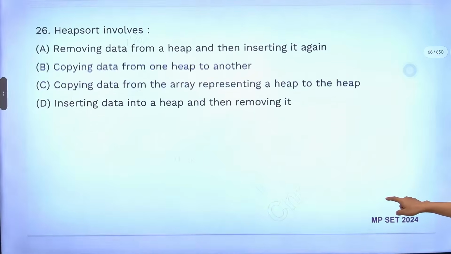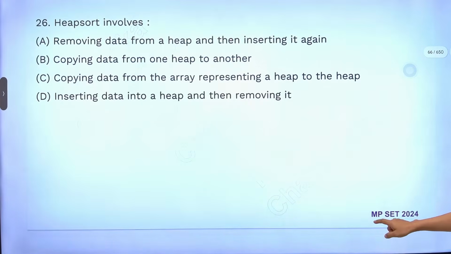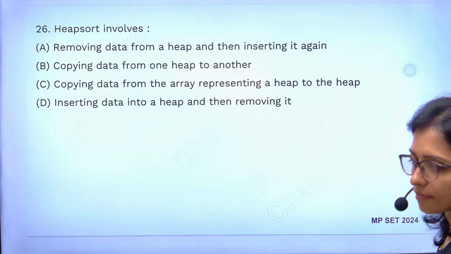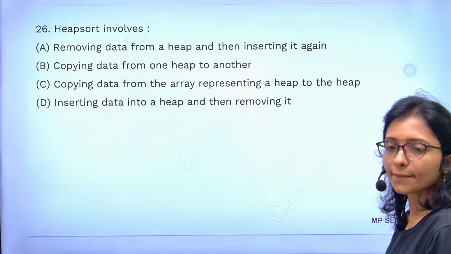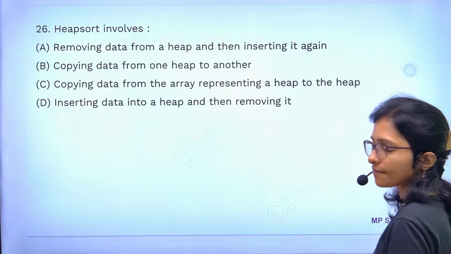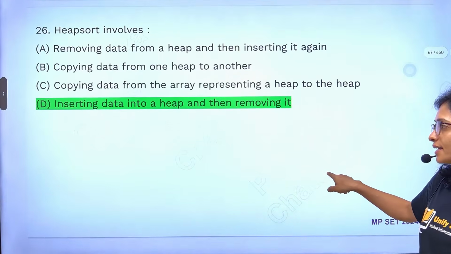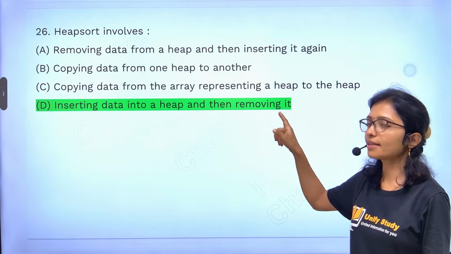Next, data structure. Heap sort involves what? Inserting data into a heap and then removing it.